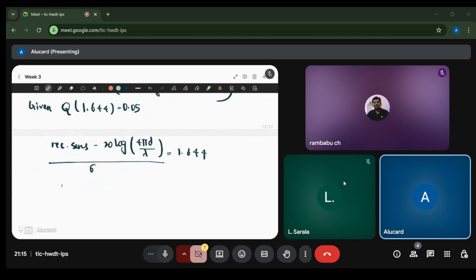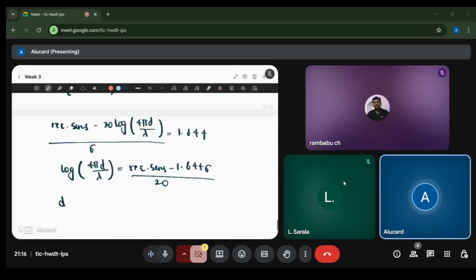So log of 4 pi d over lambda must be receiver sensitivity minus 1.644 sigma, divided by 20.